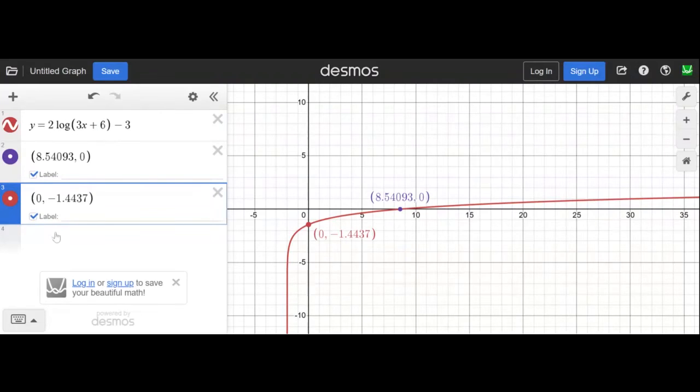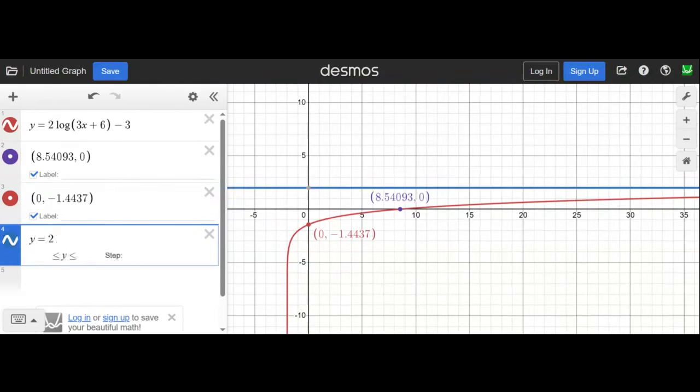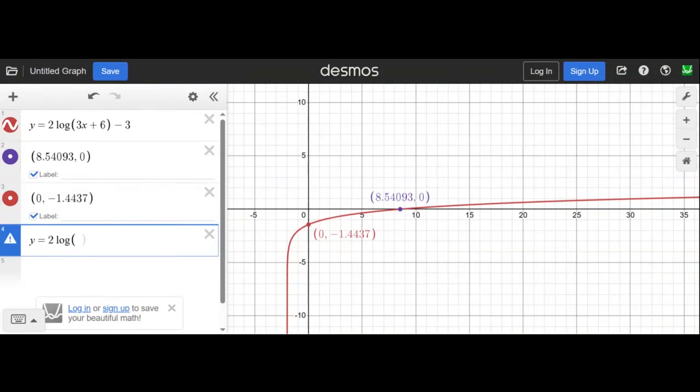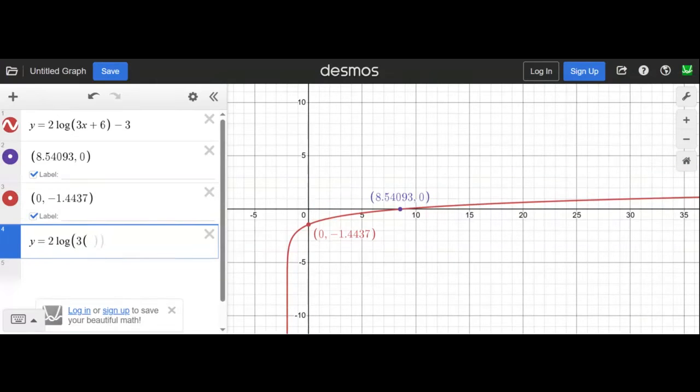Now, the only thing we are missing, if you want me to compare that, is to write down y equals 2 logarithm of bracket, let's make it 3x plus 6, or maybe I can take 3 as a common factor, and then x plus 2, close the bracket, and then minus 3, which is the same.